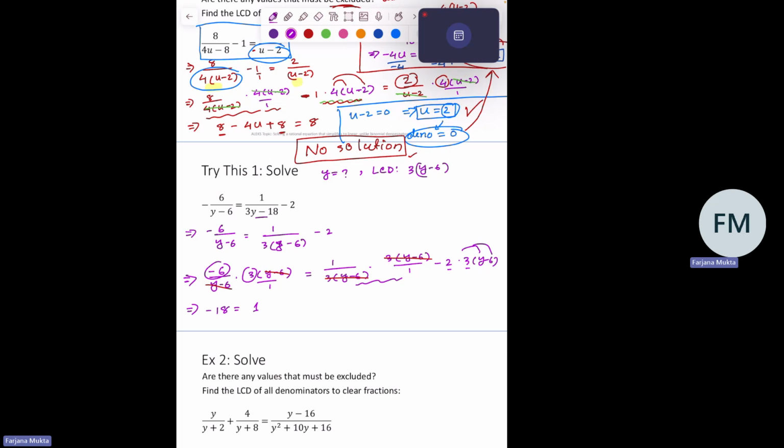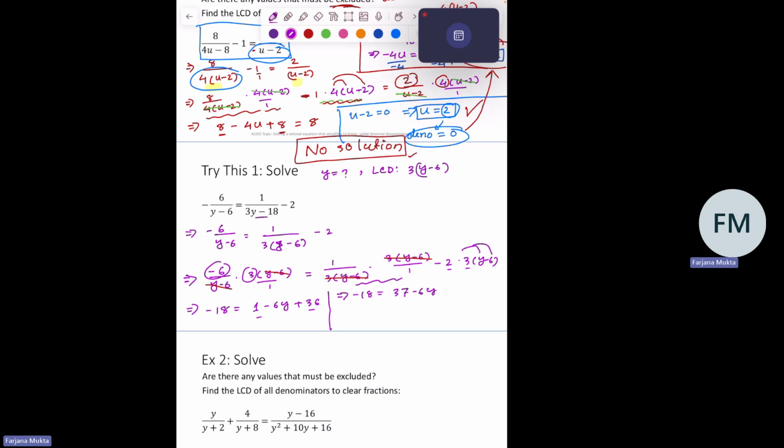So it'll be negative 6y and positive 6 times 6, which is 36. Now let's combine the like terms. We have negative 18 equal 36 plus 1, which is 37, minus 6y.